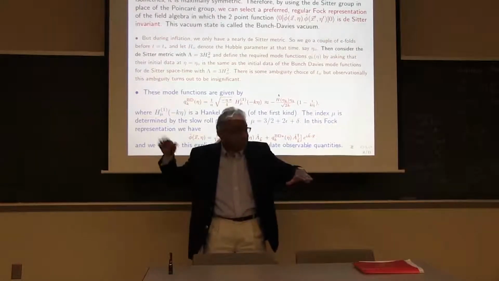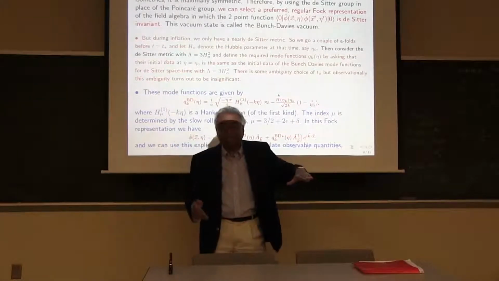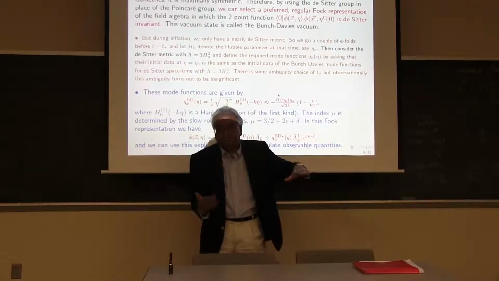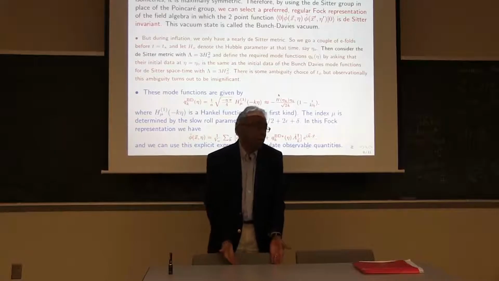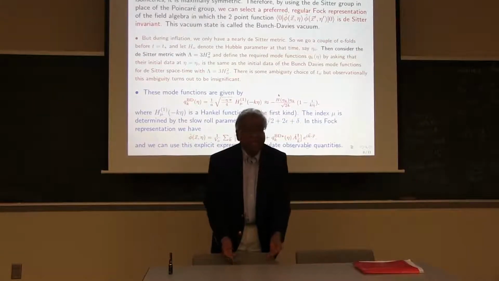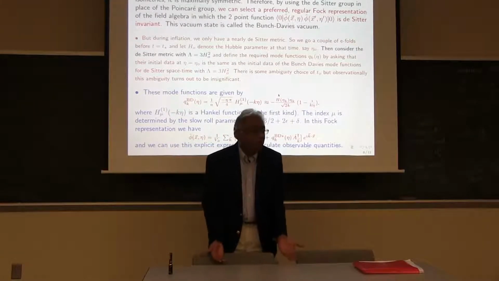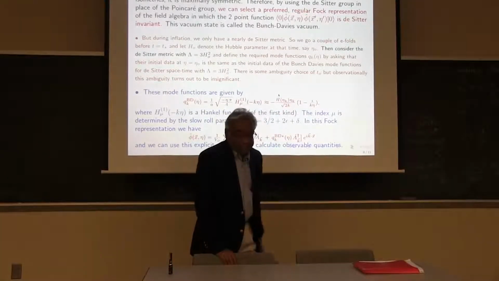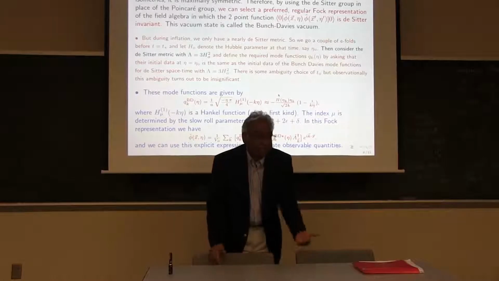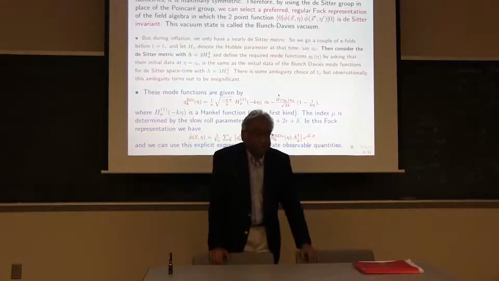And you calculate the differences, and one finds that there are differences, of course, but they are negligible compared to the observation error. And so it doesn't really matter where I choose this Bunch-Davies vacuum, so long as I choose it a little bit before the onset of inflation, where t equal to t star, just before that.